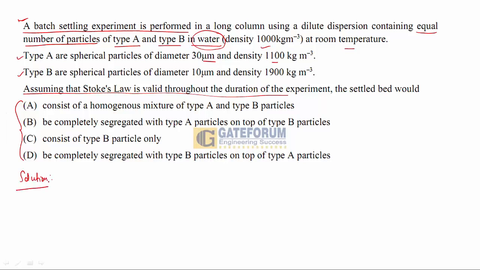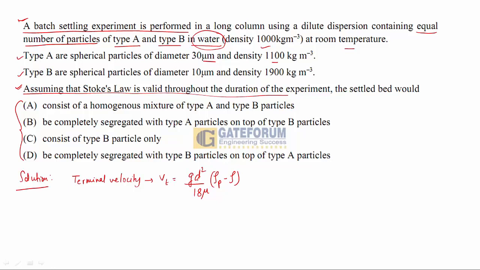Solution. Whenever we see this line, this assumption, that we are to consider that Stokes law is valid throughout the duration of the experiment, then in the Stokes law regime, we know that the terminal velocity is given by the formula g d square upon 18 mu into rho p minus rho.